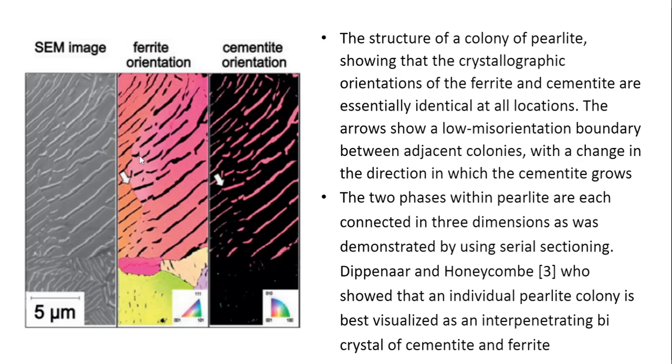So the orientation of cementite in one colony is different from the orientation in others. Say for example, cementite in this colony takes this particular direction, and cementite takes a totally different orientation in this colony.